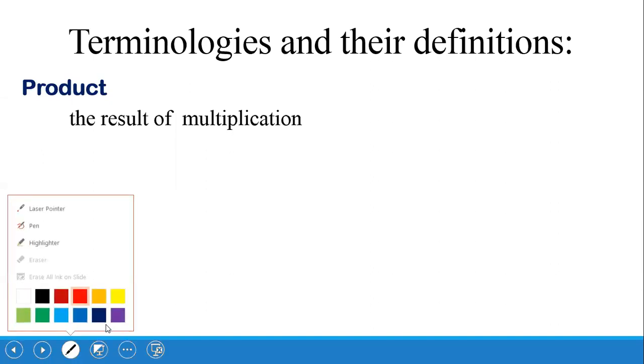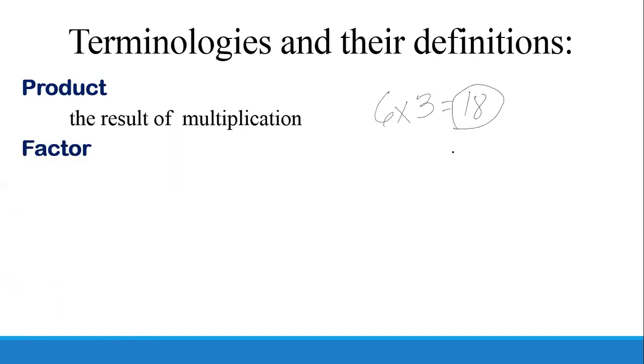So we have here product. When we say product, this is the result of multiplication. For example, we have 6 times 3 is equal to 18. 18 is the product, the result or the answer of multiplication. And we also have the factor, which is something that is being multiplied.